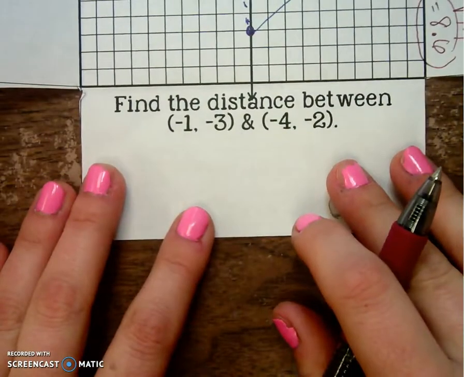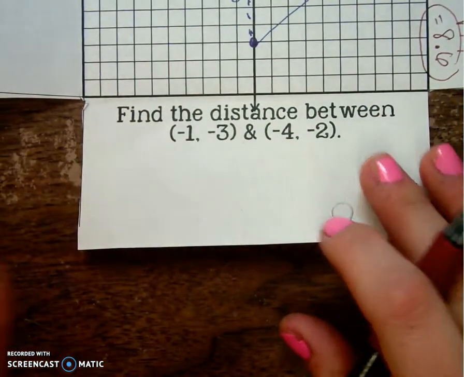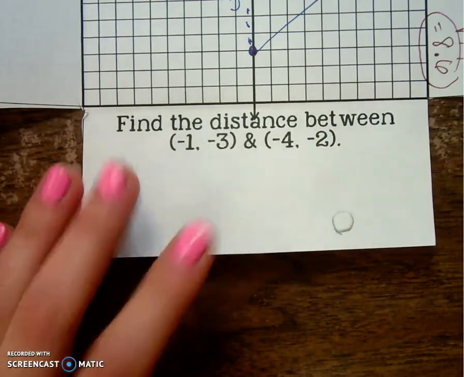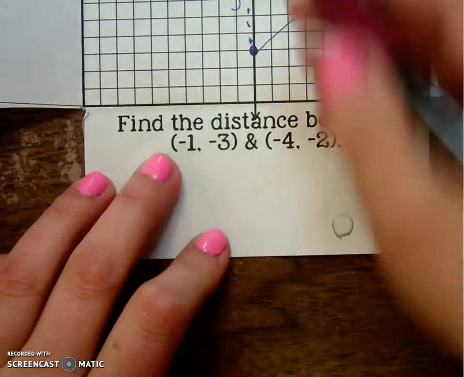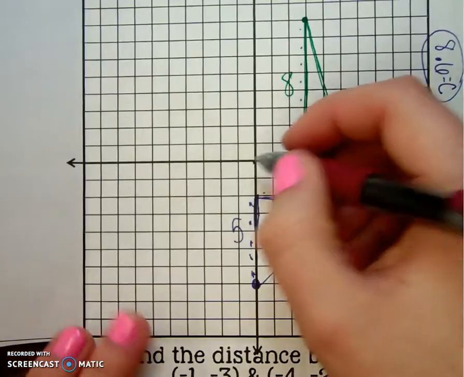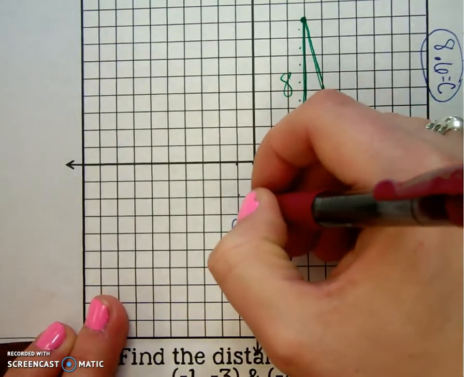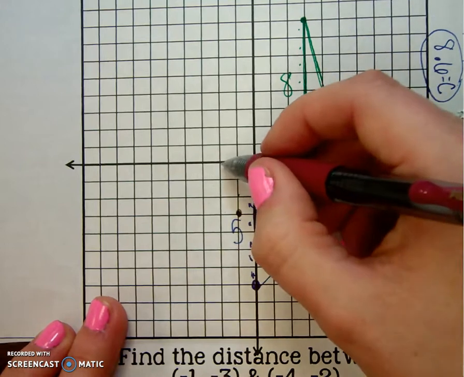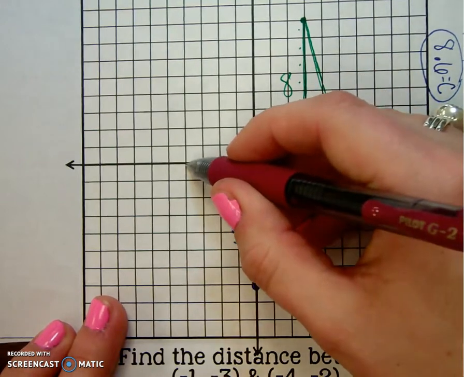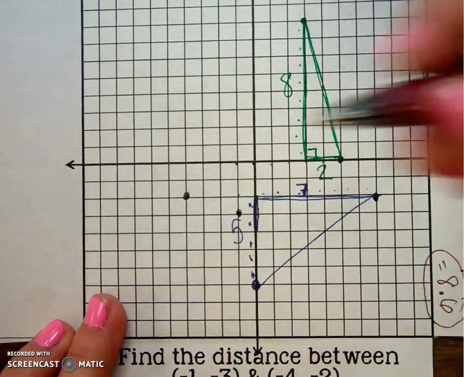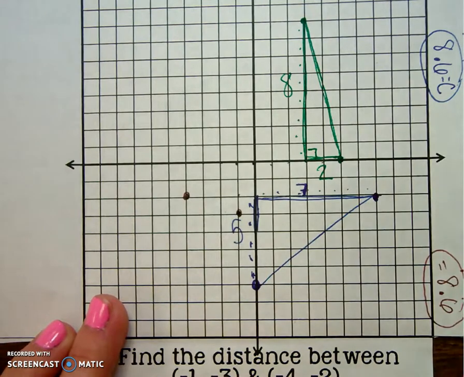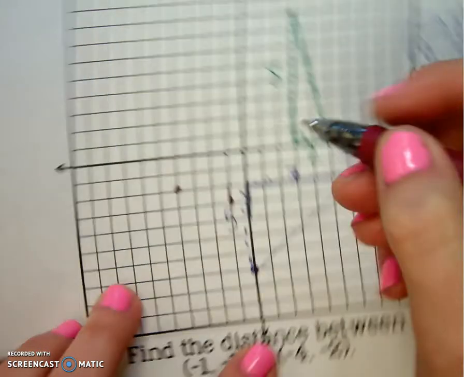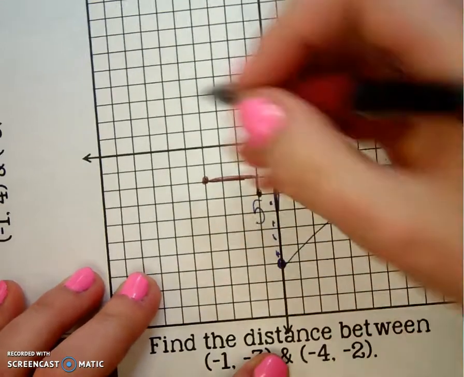Look at the ones at the bottom. Let's go ahead and graph them. (-1, -3), (-1, 2)... and then (-4, -2). Draw a right triangle, and then your diagonal.